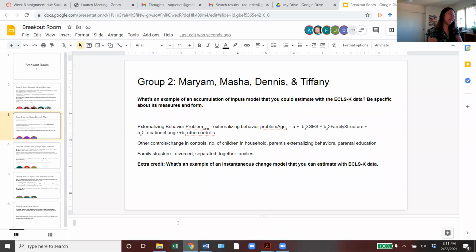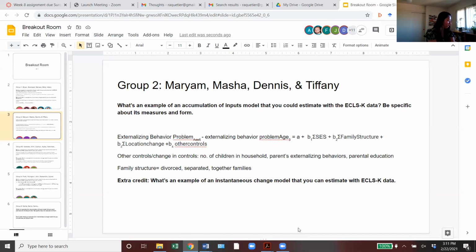So we decided that our outcome variable is to be looking at externalizing behavior problems in children ages 5 compared to children at age 3. Sorry, I'm looking at it and there's a typo. That A is not supposed to be there. Totally ignore that.